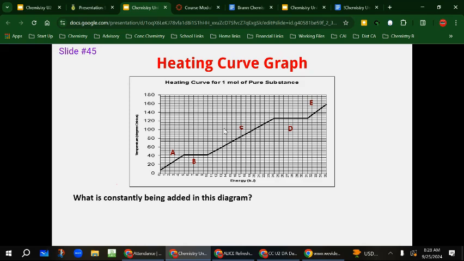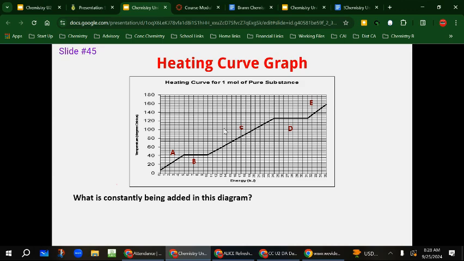To get from one end to the other, how much energy did we add? 36 kilojoules, correct? Is there any time in there that we're not adding energy? Is there any time in there where this graph is not moving from the left to the right? So we are constantly adding energy, aren't we? Here, that energy goes to making the particles move faster, increasing their temperature, correct?